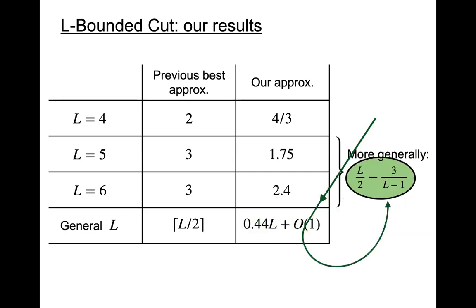So since this is my talk, I'm going to talk about our algorithm, which is best for smaller values of L. I really love this algorithm. It's simple and it's elegant, and if there was any justice in this world, this would be the best possible approximation, and unfortunately it's not. But I'll tell you a little bit about it.